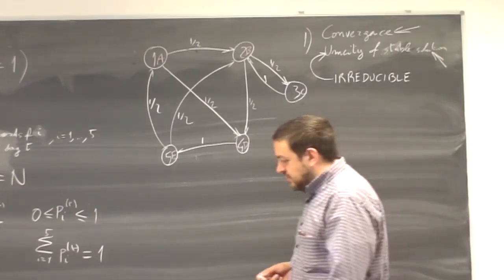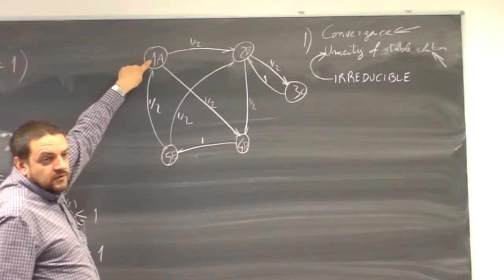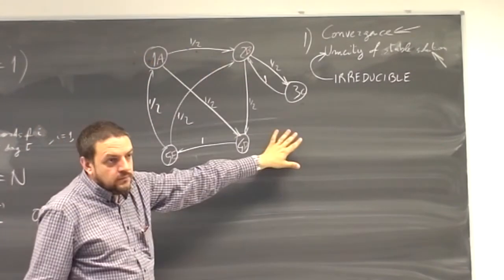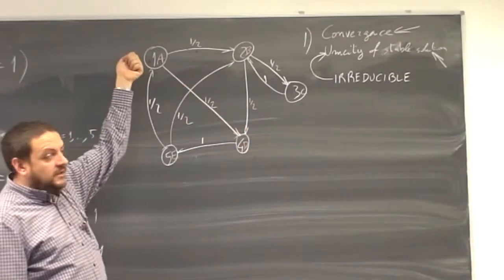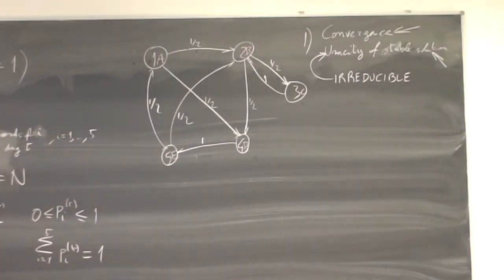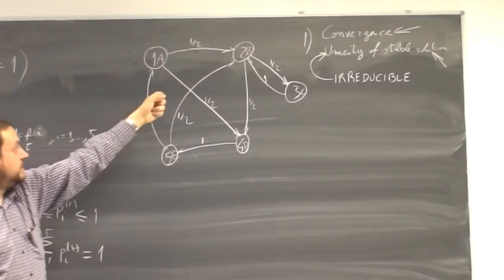The easiest way to show it is, okay, take one of the people and show that a card can go from A to everyone else, and a card can go from everyone else to A. Of course, if you prefer, at this point, we have seen the equivalence with PageRank.